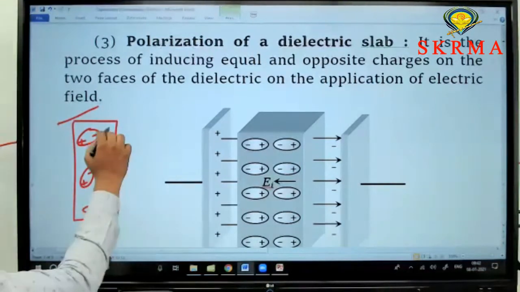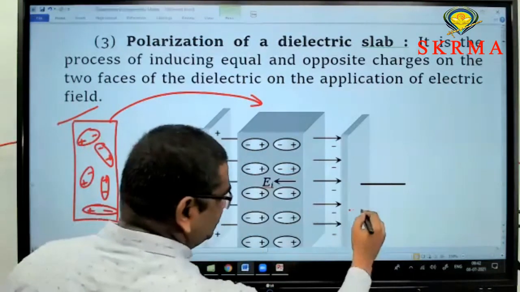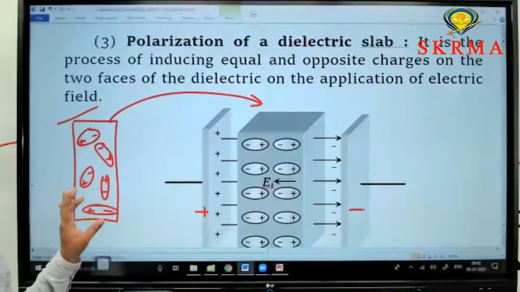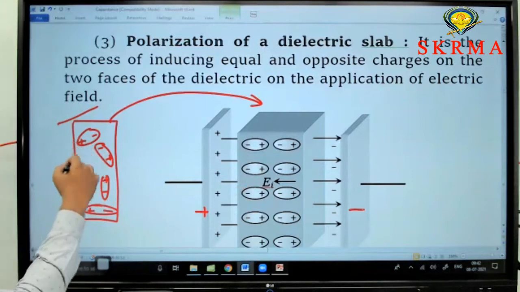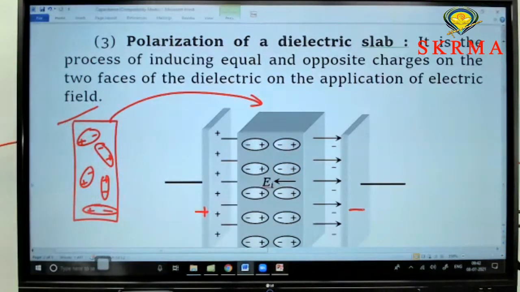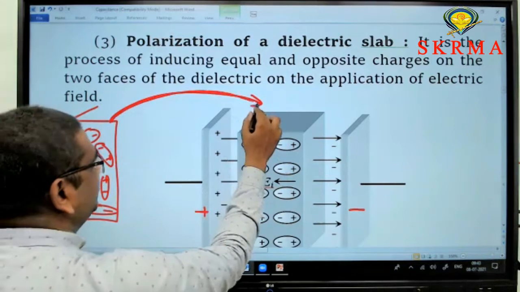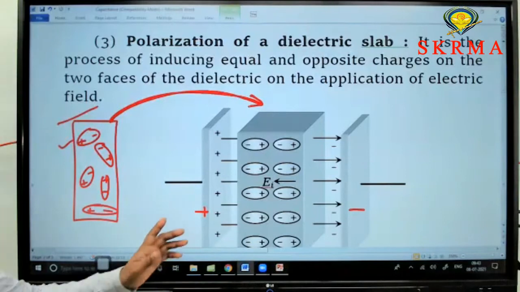If you place this dielectric between the capacitor plates, the first plate having a positive charge and the next plate a negative charge, then the dipoles are aligned opposite to the field direction.